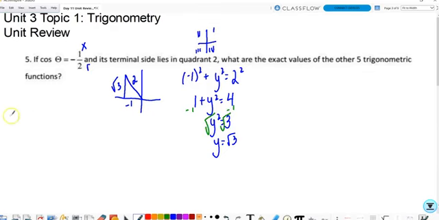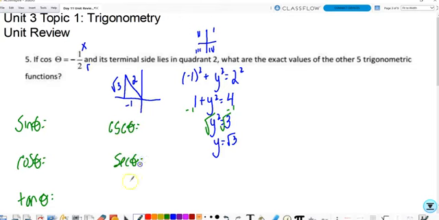All right, so we've got sine, cosine. I know it says the other values, but I like to put cosine because that will help me when I go to find the reciprocal of secant. All right, sine is y over r. Cosine they gave me. Tangent is y over x. I'm going to simplify that.